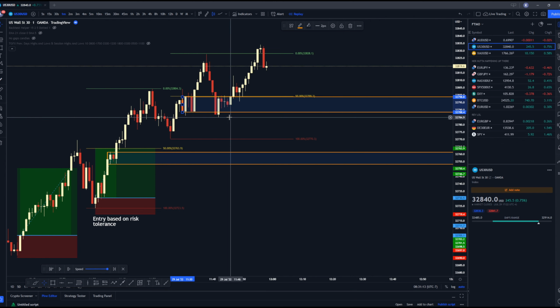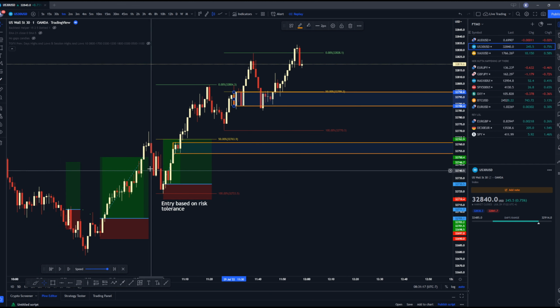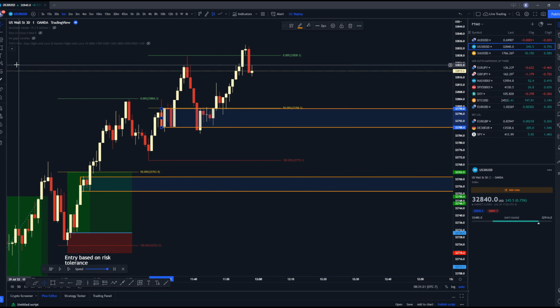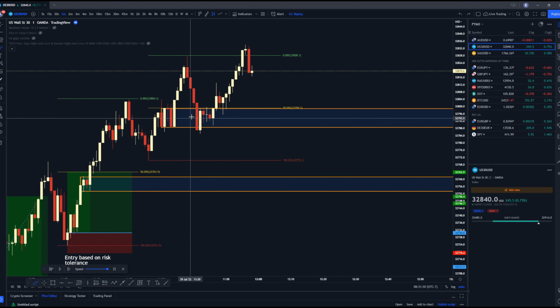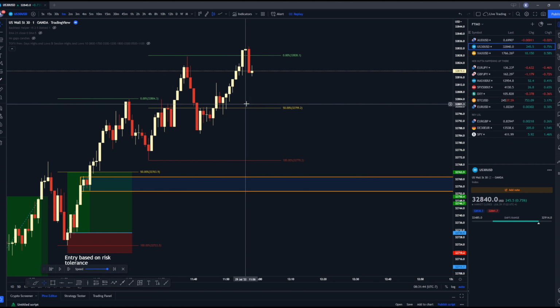I wouldn't usually take this because, much like the other trade, I would be expecting a white candle and another big red candle down to the lower area, just because of how strong this push came down. I acknowledge that it's in an uptrend, but I would still be expecting one more big bearish push down into here. Well, that's okay. We didn't get it, so we'll keep going.